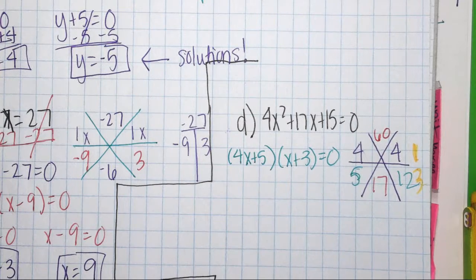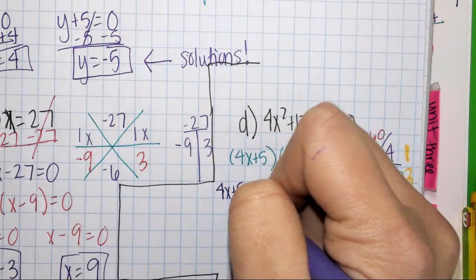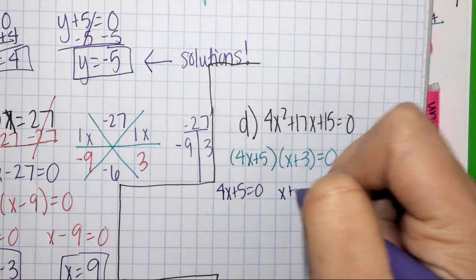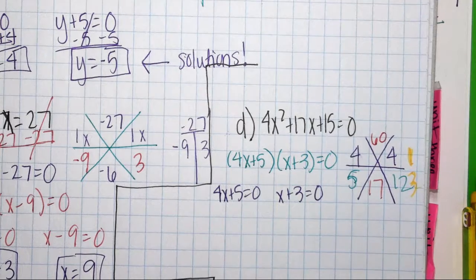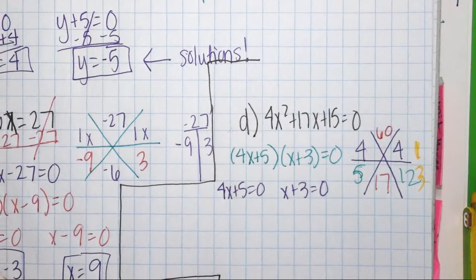And what do I do now? 4x plus 5, and x plus 3. All right. Find the solutions. Matt, we're going to wait a minute. Okay. We're not screaming it out. We're going to wait a minute.